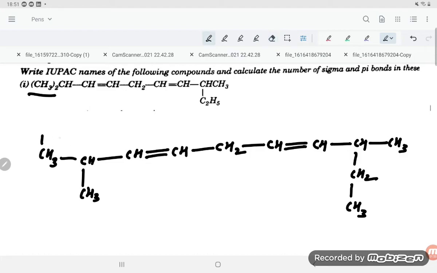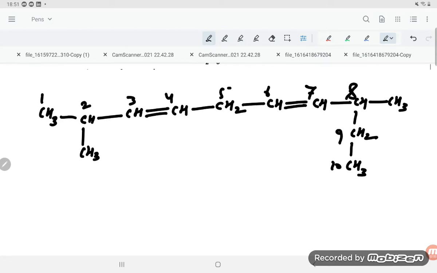So you can write 1, this is 2, this is 3, 4, 5, 6, 7, 8. We cannot go straight, student. We are coming here 9 and 10, right? So how can you write this? Where is the 2 and 8 position? There is 2, 8 dimethyl.